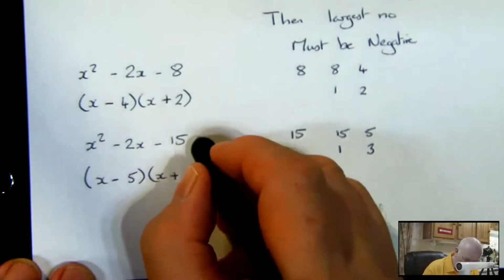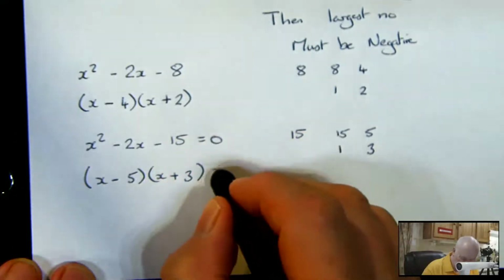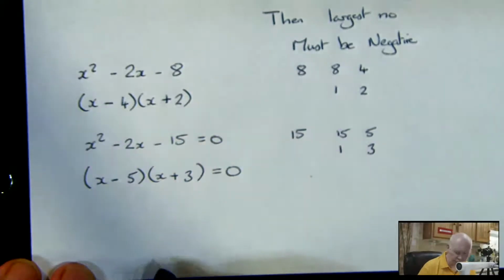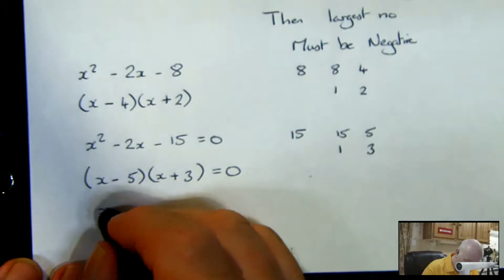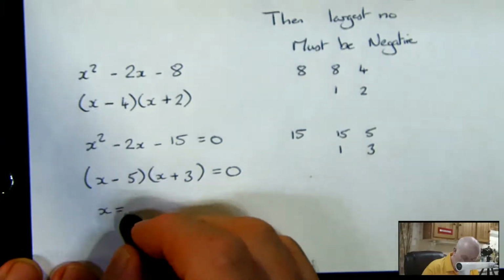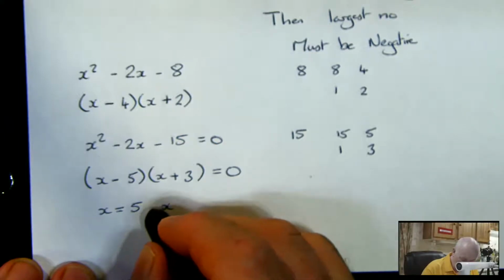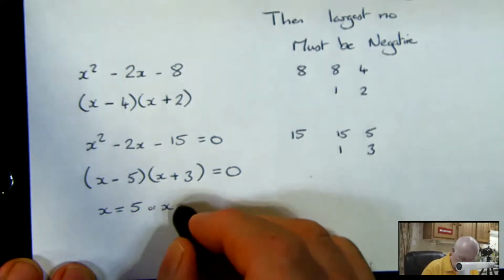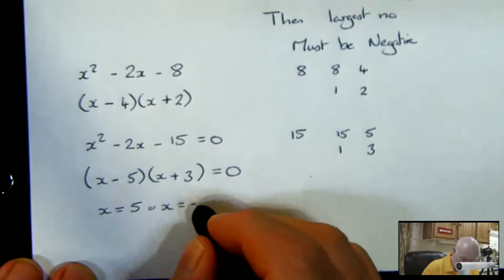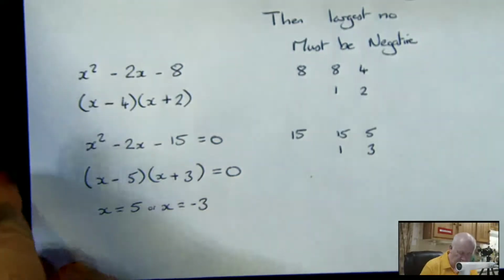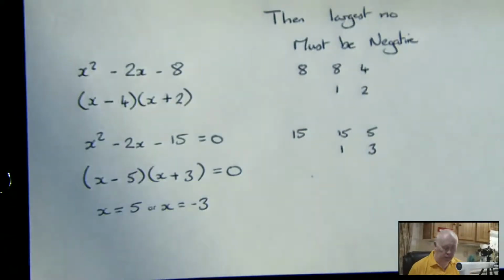Now, if we set that equal to 0, then I'd have to solve this problem. So now x will equal, change the sign, 5, or x will equal, change the sign, minus 3. And that gives us another quadratic.